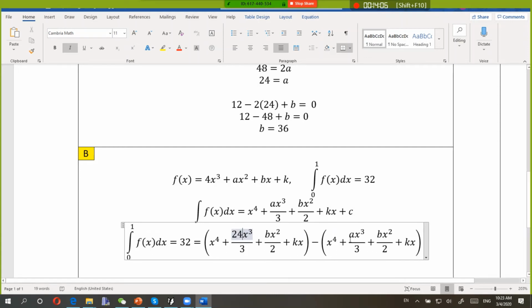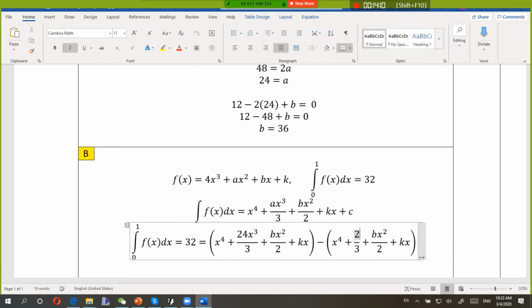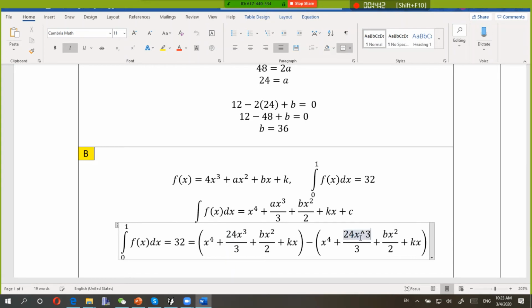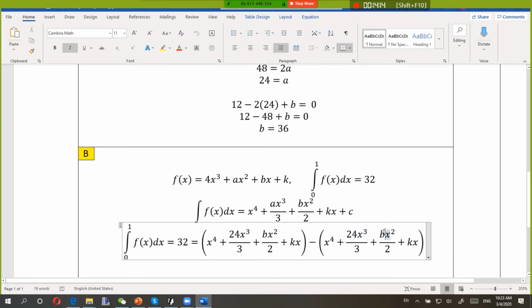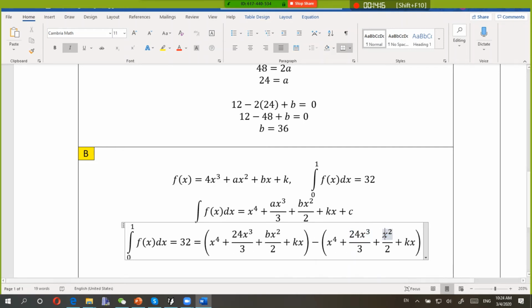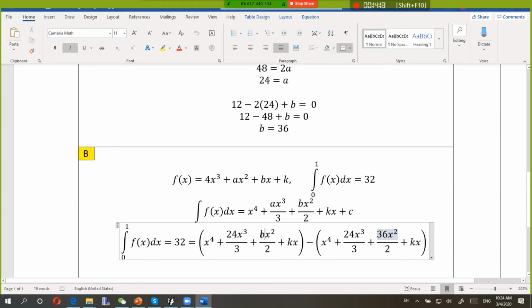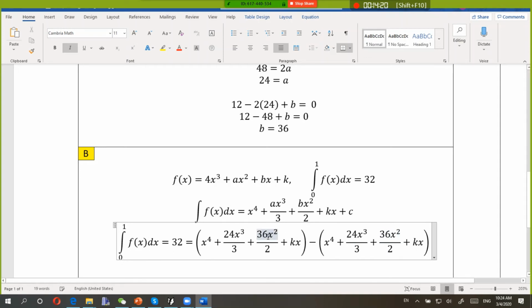A is 24 and B is 36. We also said our upper bound is 1 and our lower bound is 0.